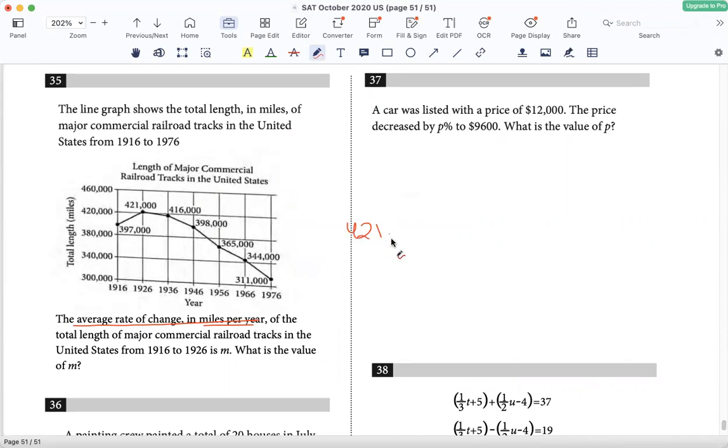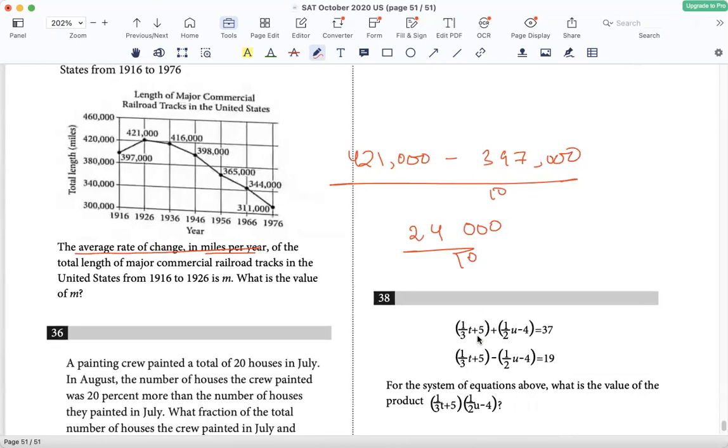So 421,000 minus 397,000 divided by 10, right? 1916 to 26, yeah. So that's 11 minus 9, 2, divided by 10. So that's 2,400.